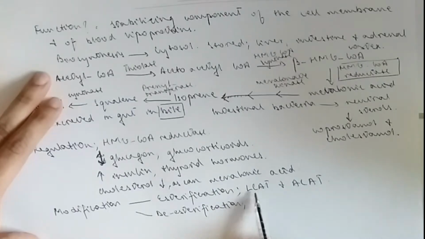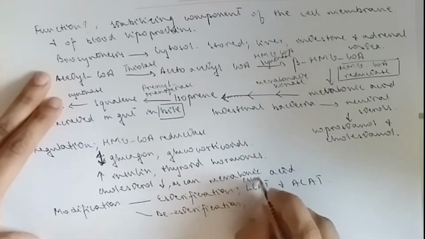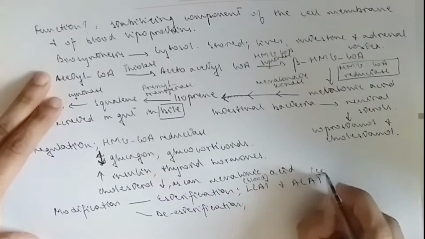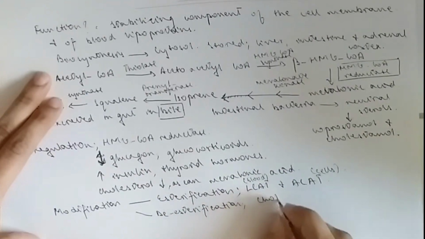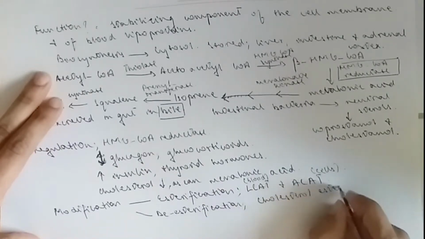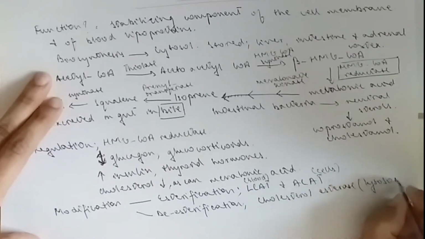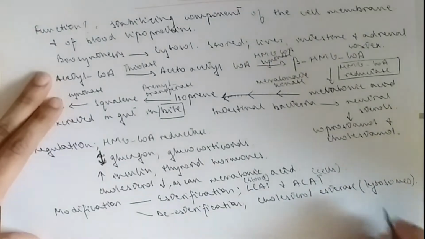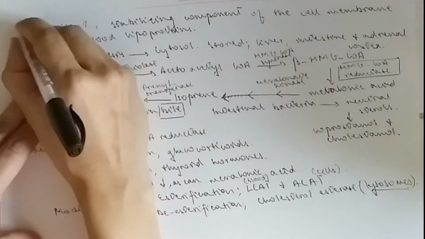So LCAT is lecithin cholesterol acyl transferase, and it is in the blood, while ACAT is acyl CoA cholesterol acyl transferase. Okay, and the deesterification is carried out by one enzyme, which is cholesterol esterase, which is in lysosomes. And the ACAT, by the way, is in the cells.